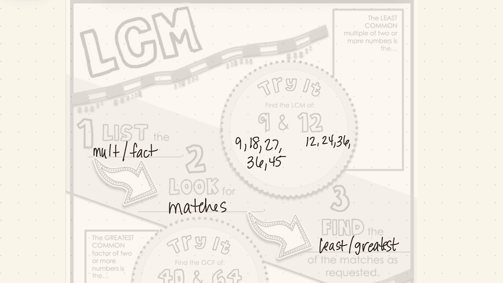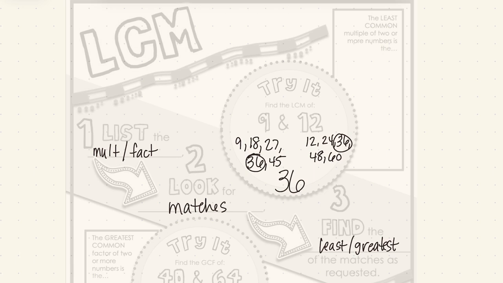I could stop there. Let's just go 48 and then 60. We'll just go to 5 on both of those. So now looking at these, which one do they have in common? The very smallest that they have, the least that they have in common is this 36. So the least common multiple of 9 and 12 is 36.